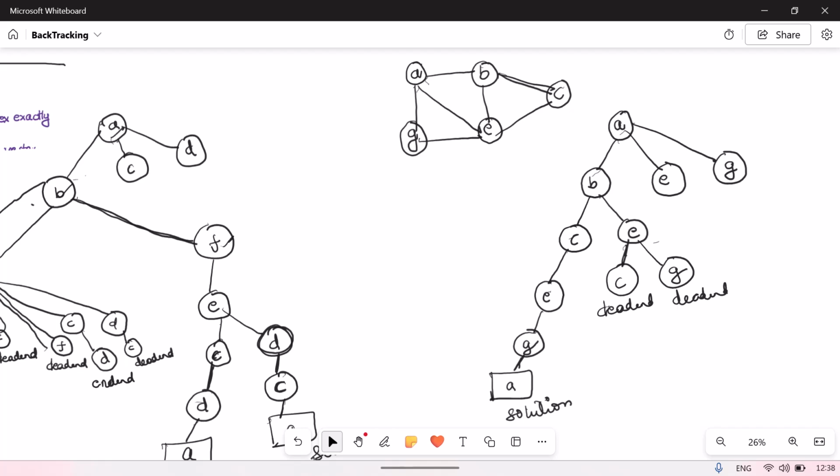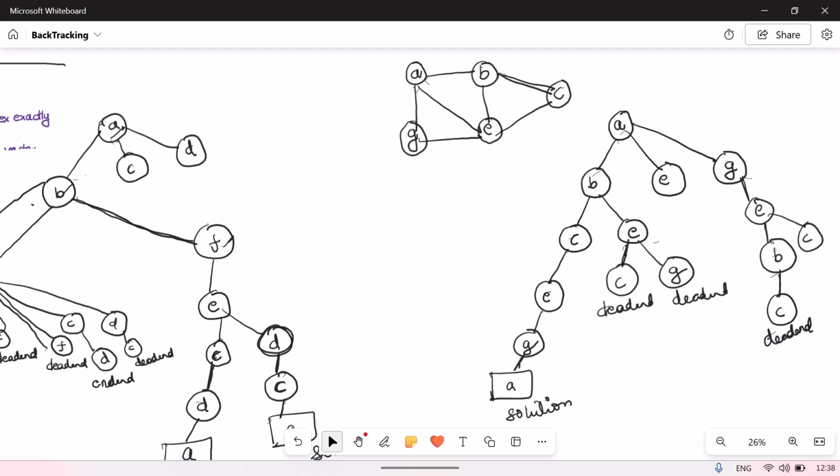Similarly, I'll take one random now, G. From G, I will take the possibilities. From G, I can go to E. From E, I can go to B or C. If I take B, I can go to C, but this is a dead end.